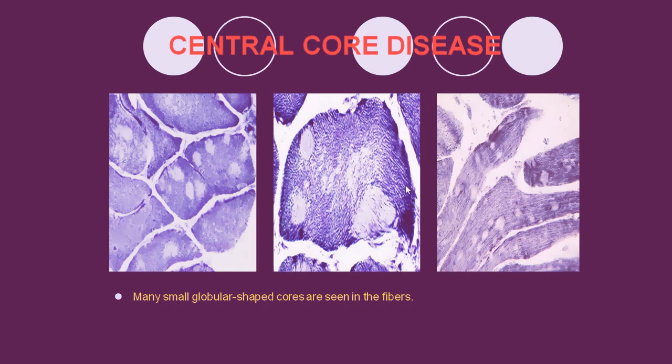These diagrams are stained with NADH-TR, showing many small globular shaped cores in the fibers. These are different small areas.